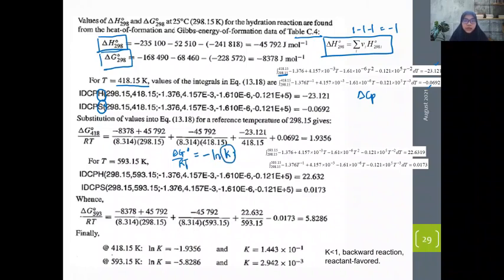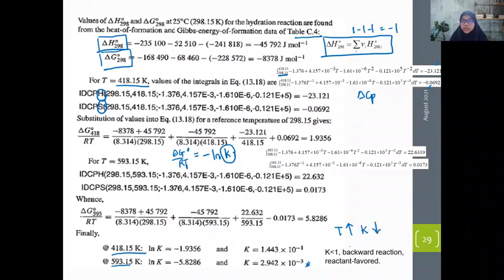At 418 Kelvin, K is 1.443 to the power of 1. Then we can proceed to the next temperature at 593.15 Kelvin, and it gives another value. From this, we can say that as temperature increases, the value of K decreases.